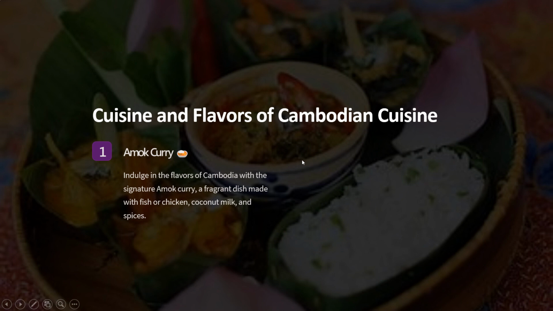We introduced in the photo Cambodia with the central mok. At first, this is made of fish or chicken, coconut milk and spice, and it looks like a picture like this.